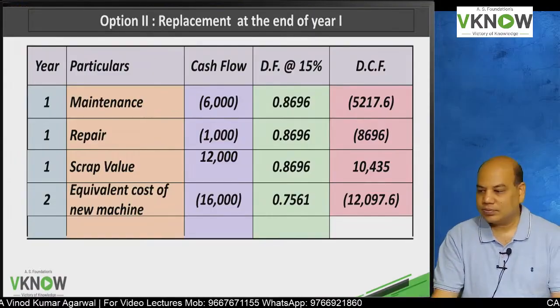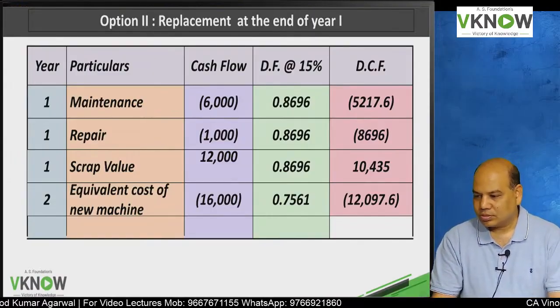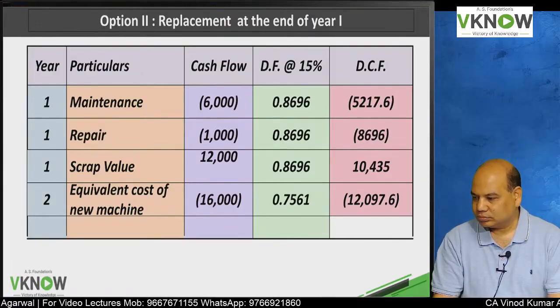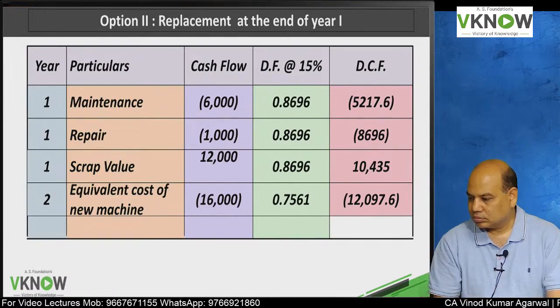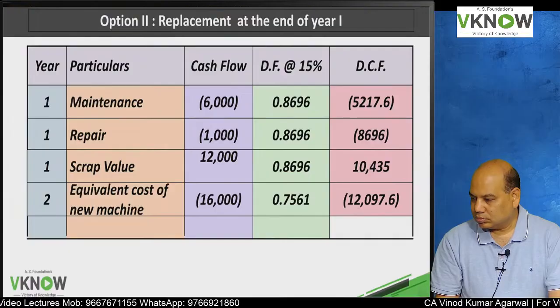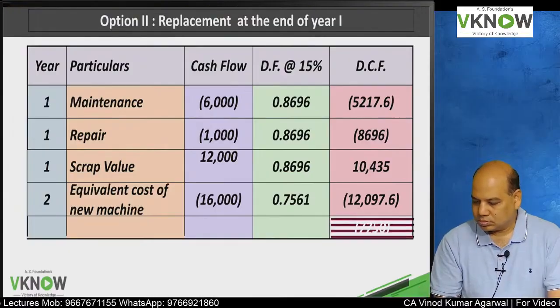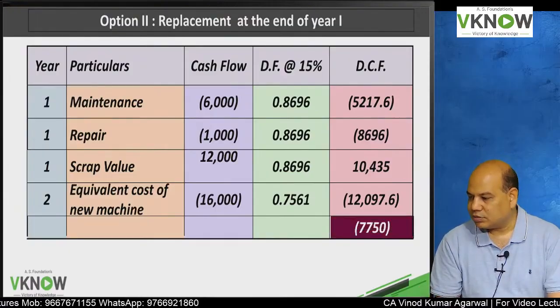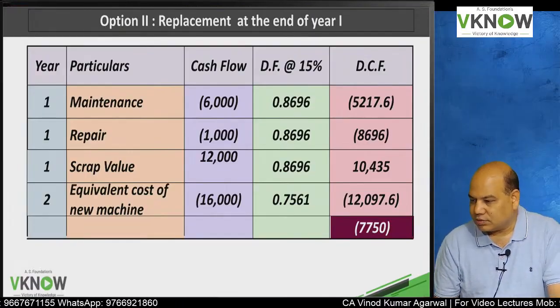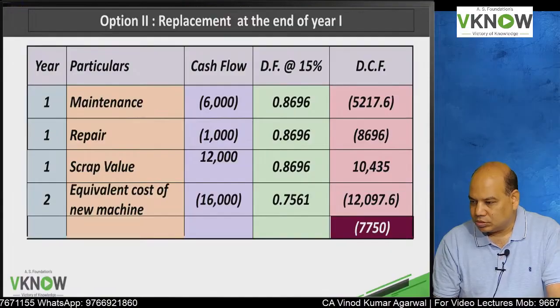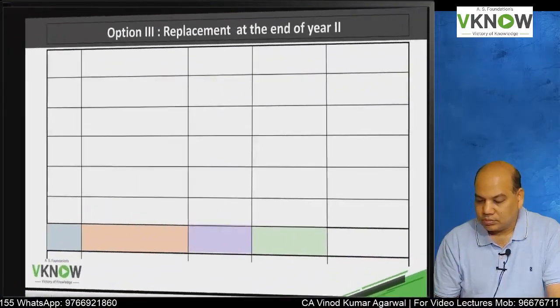Yes, total please. Total of the last column. Check the answer. Negative 7750. Very good. Negative 7750.